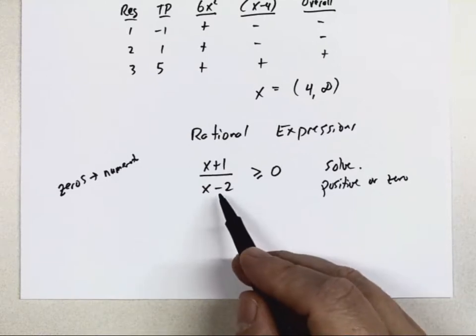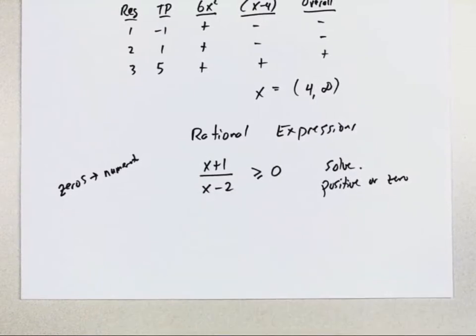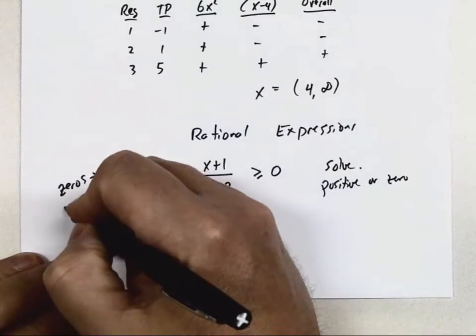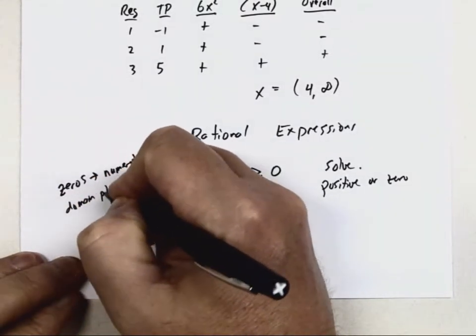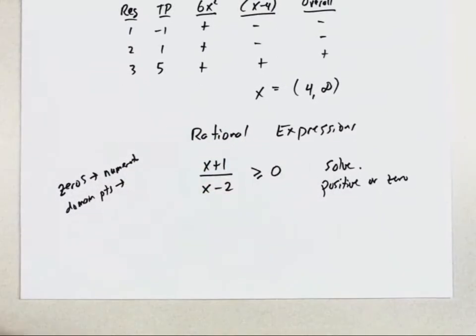You can't go into the denominator. You can never have this denominator equals 0. So there's no zeros from the denominator. What I'm going to call them, I'm just going to make this up. Let's call them domain points.